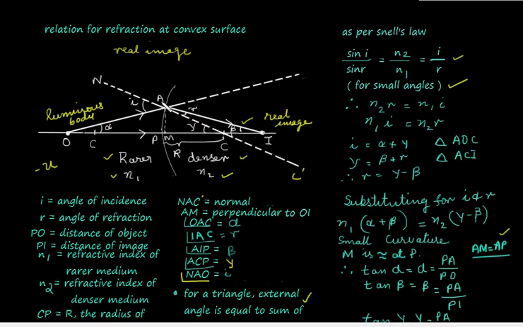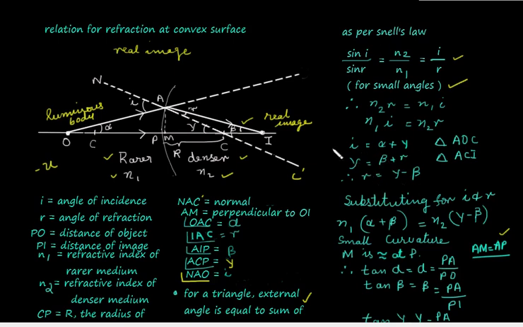Let us see what I is. Considering the triangle AOC, I is equal to alpha plus gamma. From triangle ACI, the small triangle, gamma is the exterior angle. Gamma is equal to beta plus R. From this we can find an expression for R: R is equal to gamma minus beta.